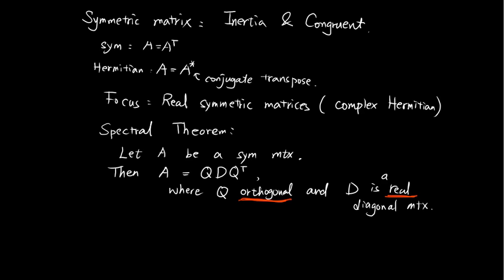So equivalently, there exists an orthonormal eigenbasis, which means they are mutually orthogonal, and also the norm is equal to 1. The length is equal to 1.